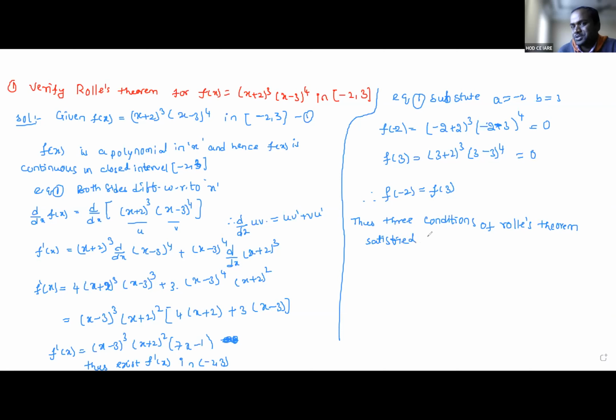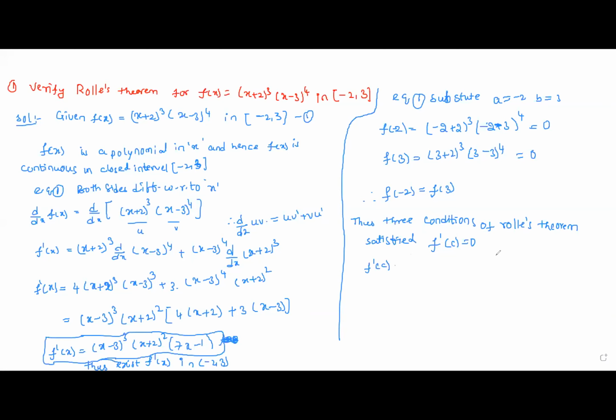So you require there to exist f dash of c, meaning f dash of x, and what we got is the equation x minus 3 whole cube plus... Substitute c in the equation in place of x. c minus 3 whole cube, c plus 2 whole square, 7c minus 1 is equal to 0. Now tell me the values of c.